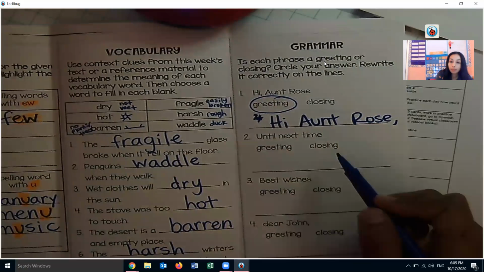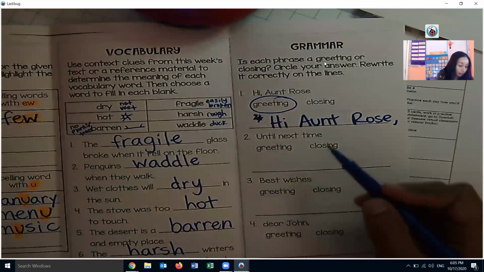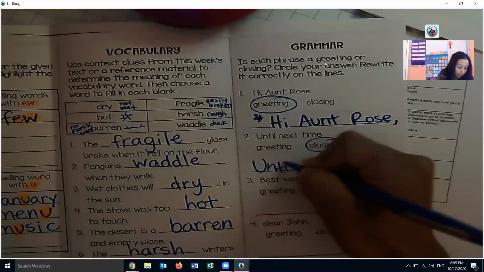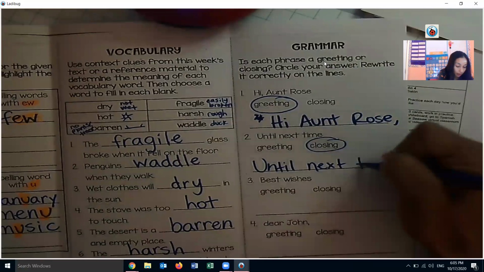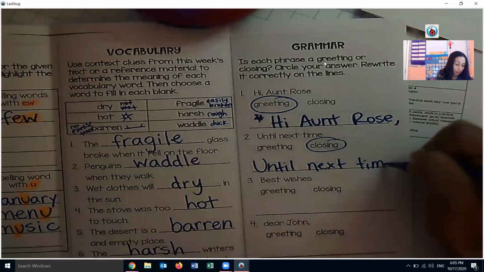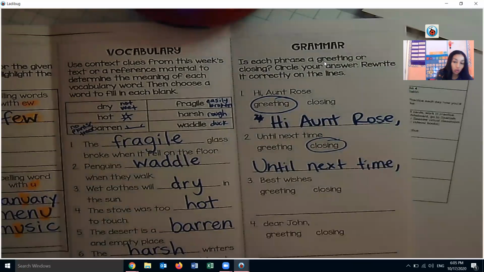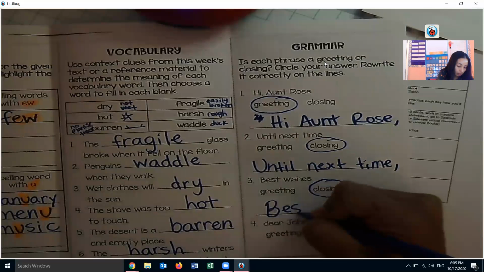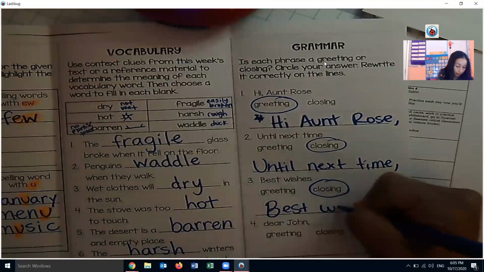Until next time, that sounds more of a closing, right? Like an ending. So we would write until next time, but we're going to add the comma after time. Best wishes. That is also a closing, a way to end a letter. Best wishes, comma.